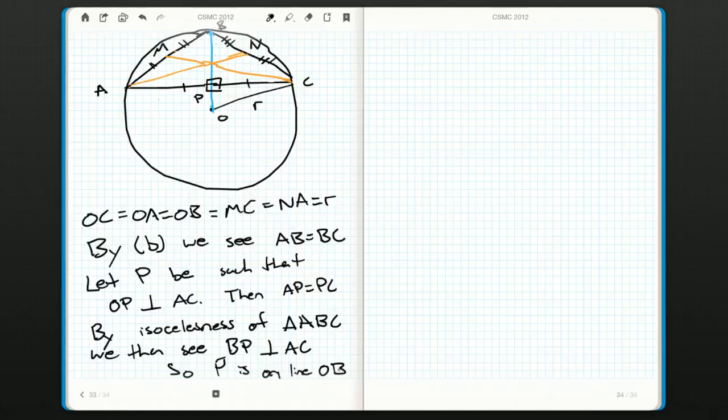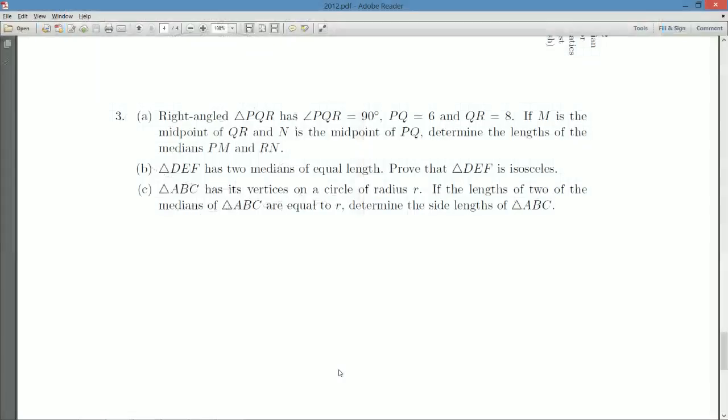The question doesn't give us any extra information, does it? Vertices on the circle, radius r, two lengths of the medians are equal to r. Okay, so maybe I can get an equation in one of the medians equal to the equation for the line for OB and equate them in some way. What would that look like?